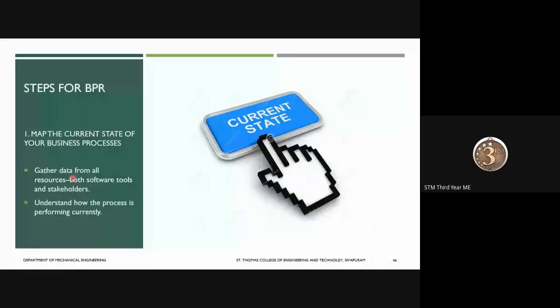Under mapping, we are gathering data from all resources, both the software tools and stakeholders. We are using software tools, and by means of physical data from files itself, we are going to gather all the resources that we have on the processes being conducted inside the enterprise.